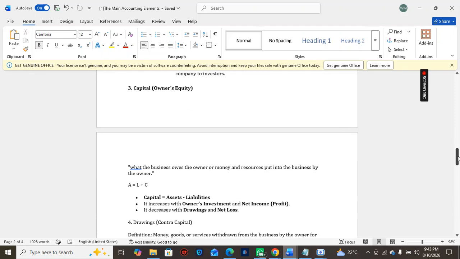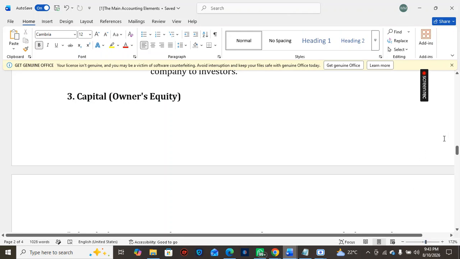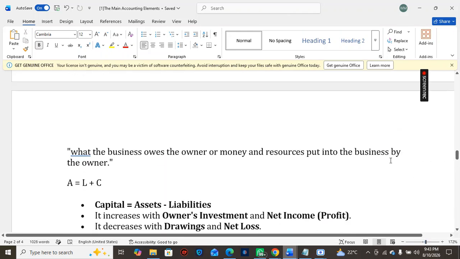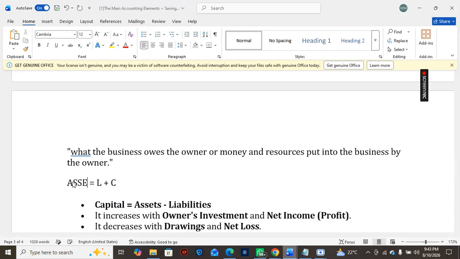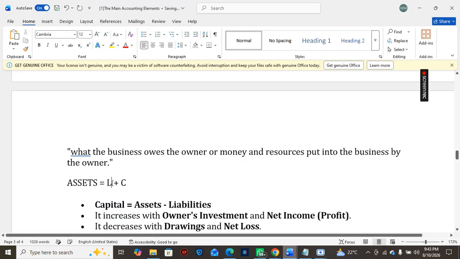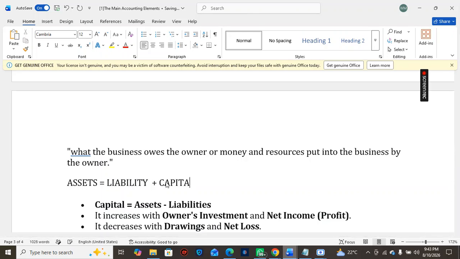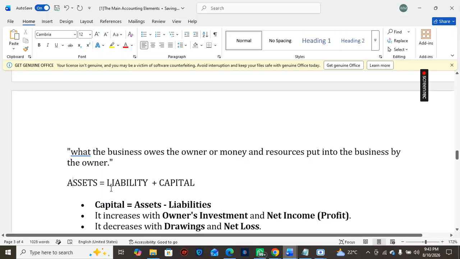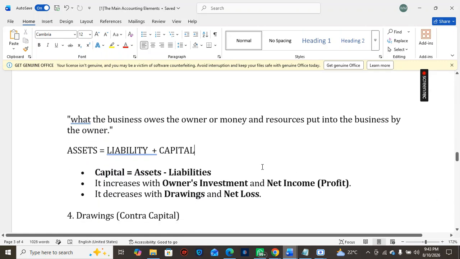Before we go to the fourth account, you need to remember the accounting equation. Assets equals liabilities plus capital. Capital increases with owner's investment.